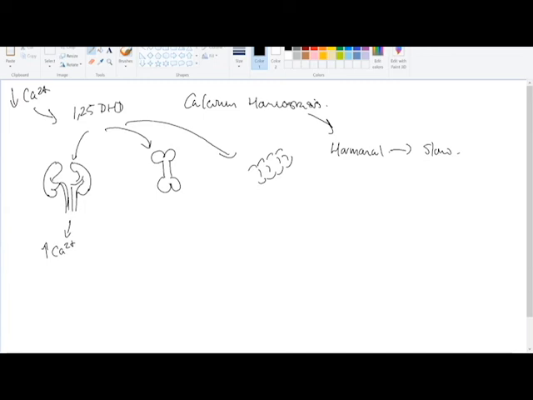It caused the conversion of 2,5-DHD to 1,2,5-DHD, so 2,5 coming from the liver, and then the kidneys causing the extra hydroxylation to turn it into 1,2,5. In that process, we started to decrease our PO4, our phosphate, because the parathyroid hormone caused the kidney to increase phosphate excretion. 1,2,5-DHD, when we're starting to generate it, actually shuts down that process, so it works to begin PO4 reabsorption, and that happens in the proximal convoluted tubule.